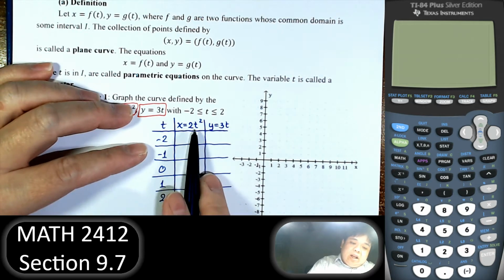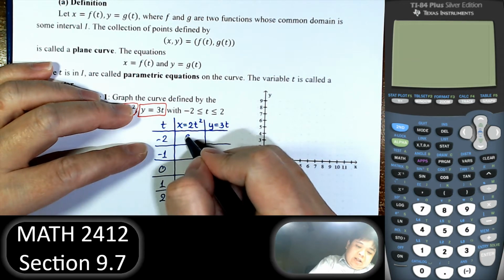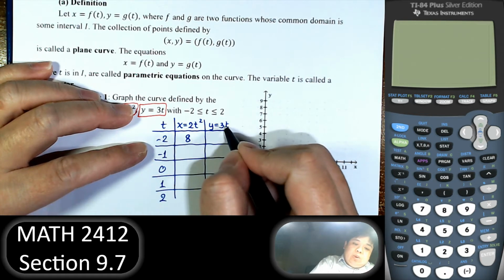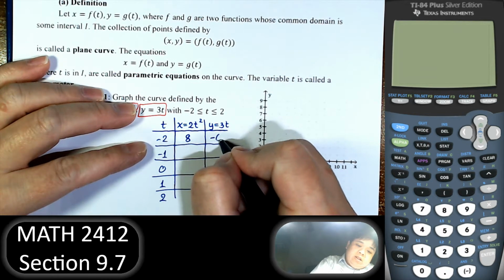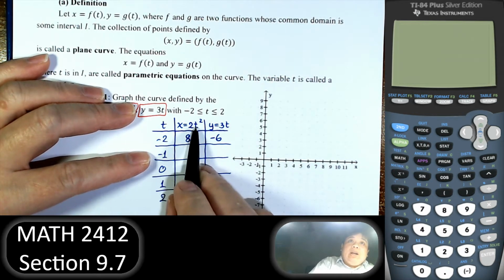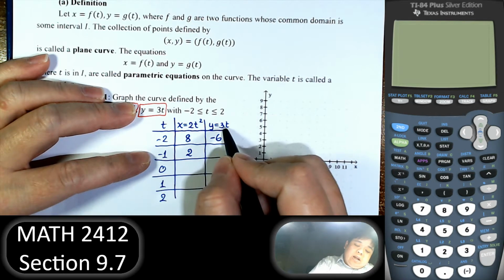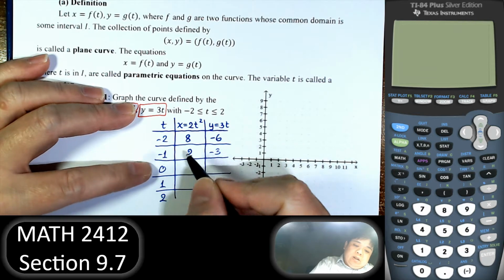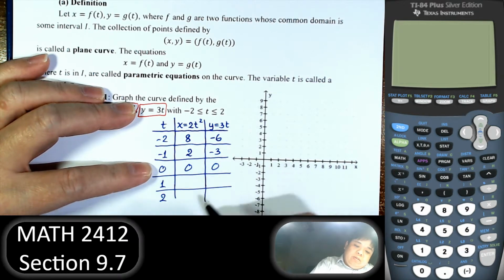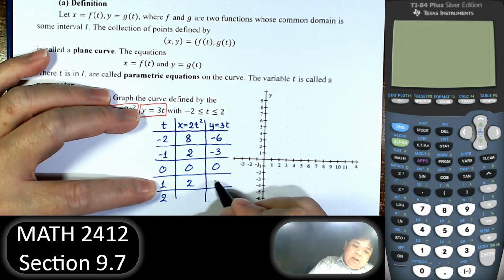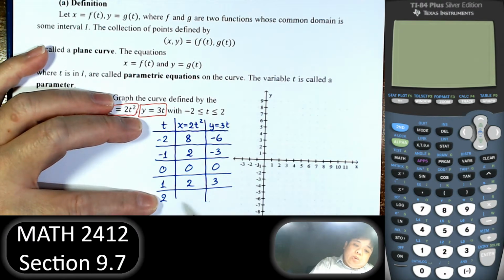Put -2 here: that gives 8, and -2 times 3 is -6. Put -1 here: -1 squared is 1, times 2 is 2, and -1 times 3 is -3. Then t equal to 0, t equal to 1, and t equal to 2.